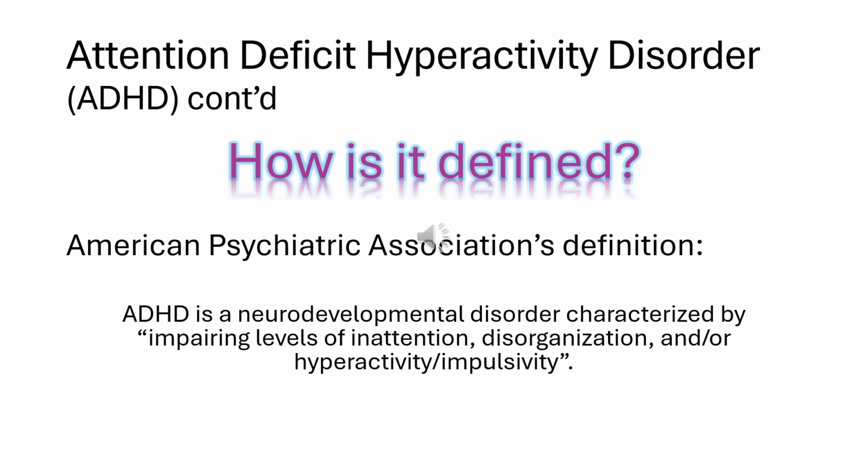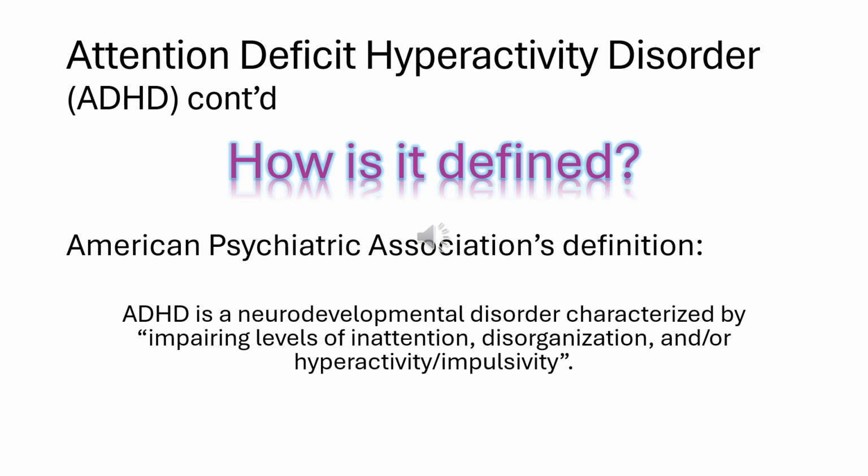So how exactly is ADHD defined? The American Psychiatric Association defines ADHD as a neurodevelopmental disorder characterized by impairing levels of inattention, disorganization, and hyperactivity/impulsivity.